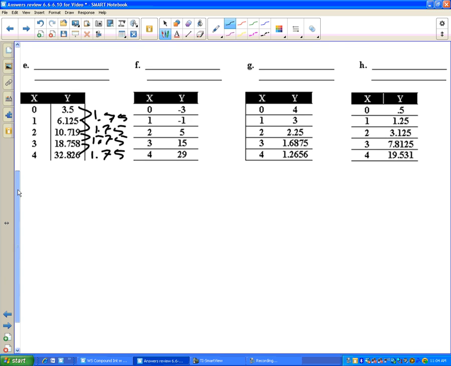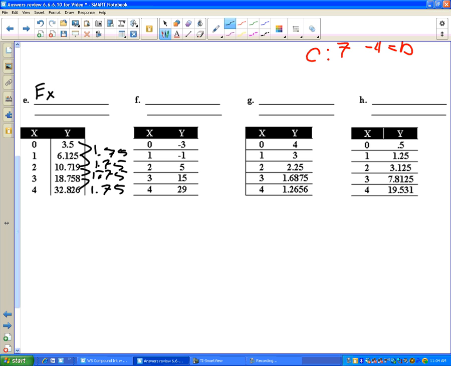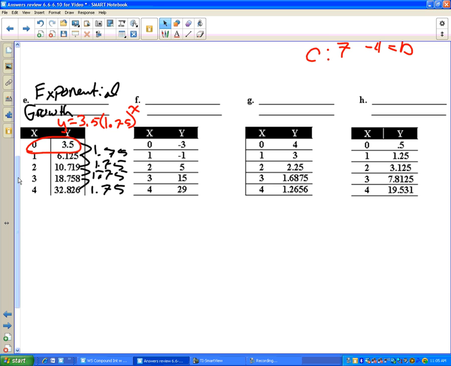So I know that this is exponential. I know it's growth because my B term, my successive quotient, is greater than 1. So then my equation is y is equal to y when x is 0, 3.5 times my successive quotient 1.75 to the x power. Let's look at the next one.